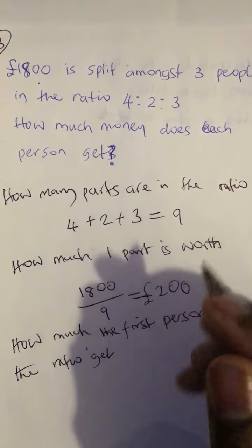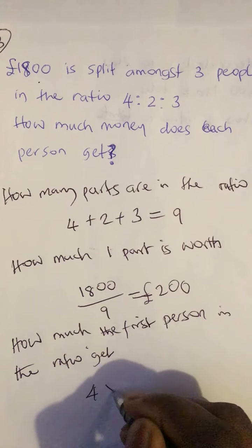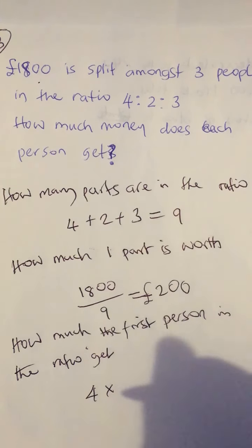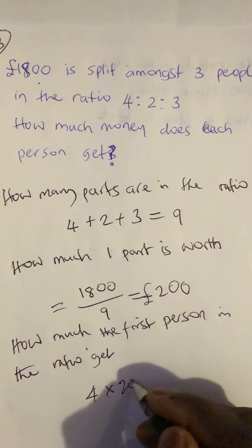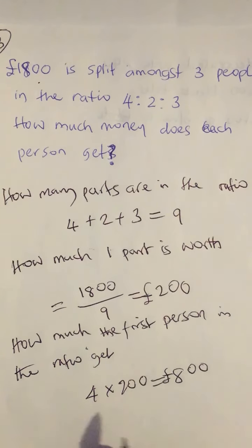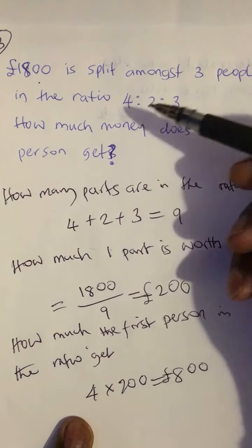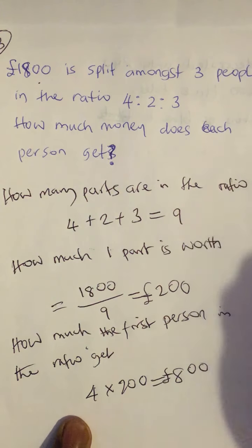We know that the first person in the ratio has 4 parts. So that will be 4 times what one part is worth, so 4 times 200. This will give us £800. So the first person in the ratio of 4 will get £800.